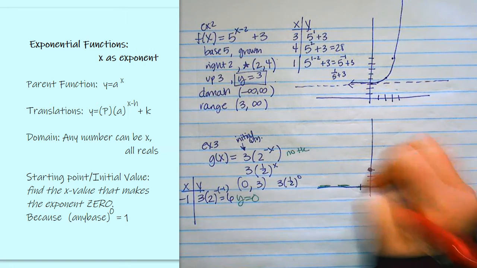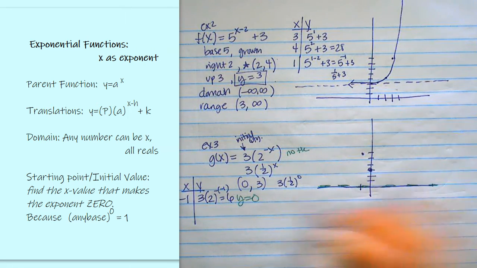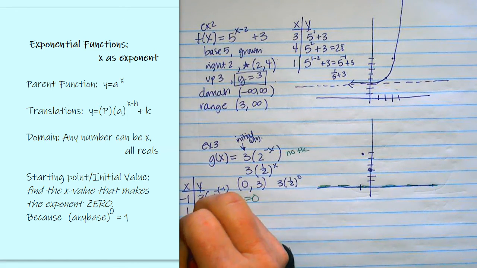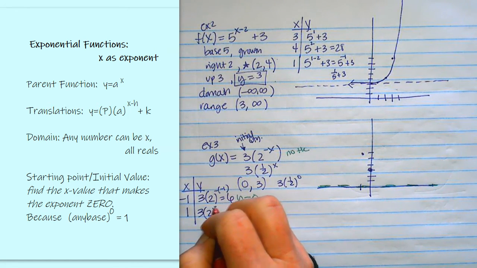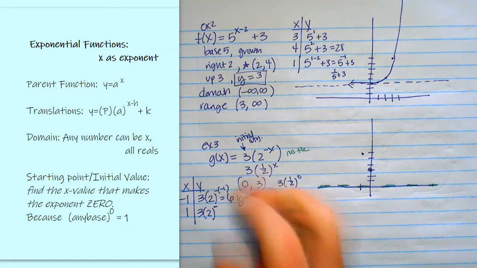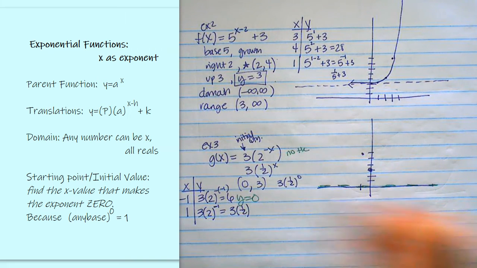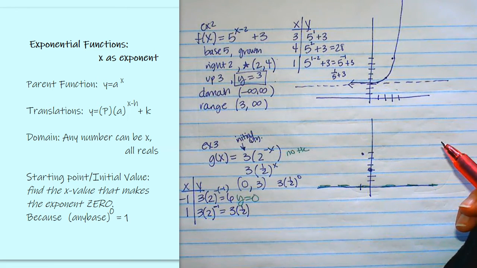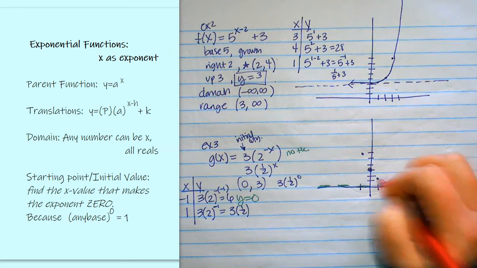So at -1, we're at 1, 2, 3, 4, 5, 6. You can see it goes up. And then if I plug in +1, that's going to be 3 times 1/2, or 3/2. So at 1, I'm at 1.5.